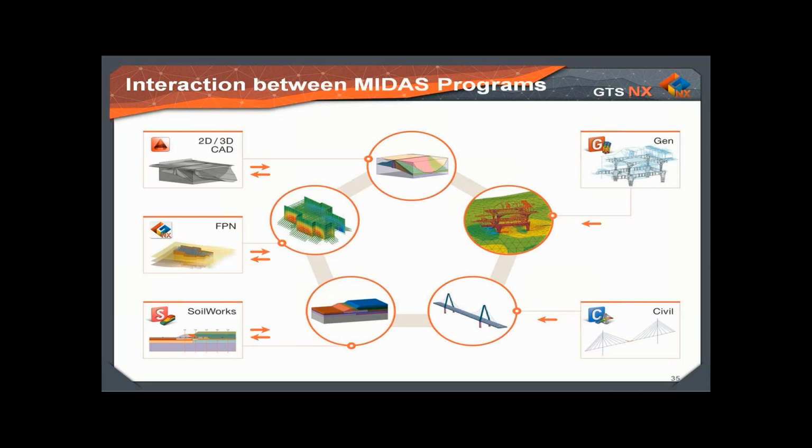Next, I'd like to mention the compatibility of the program with other software products. Engineers who have their projects drawn in CAD often find that they need to redraw their entire project in the analysis software when they come to the point of modeling and analyzing their design. GTS NX enables you to import your CAD drawings directly into the program.